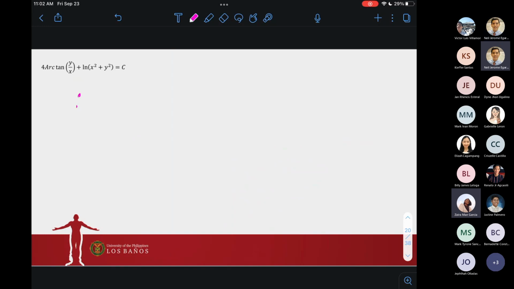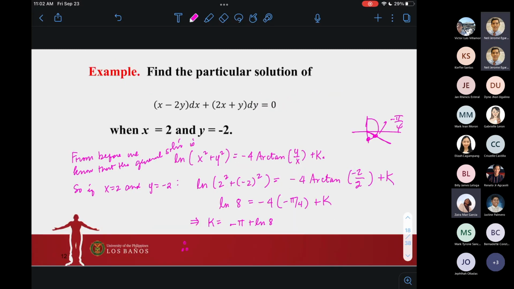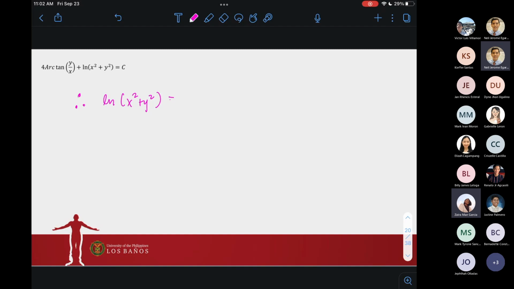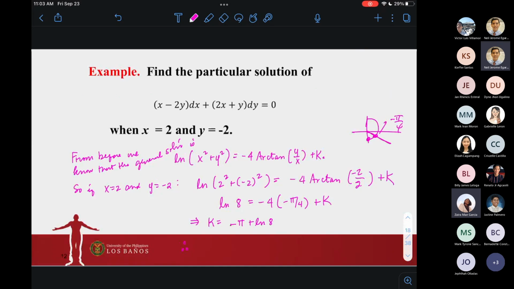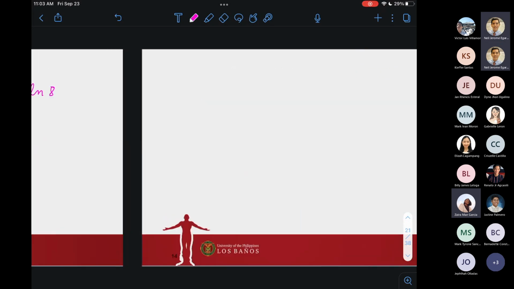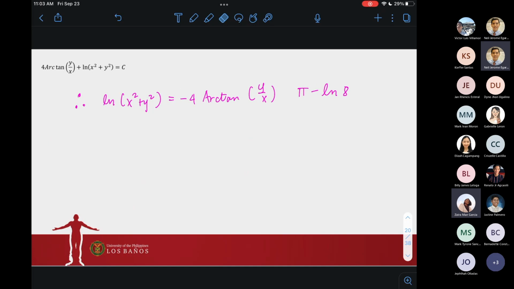So therefore, our particular solution is ln ng x squared plus y squared is equal to negative 4 arctan ng y over x plus the value of k, but we know the value of k is negative pi plus ln 8.